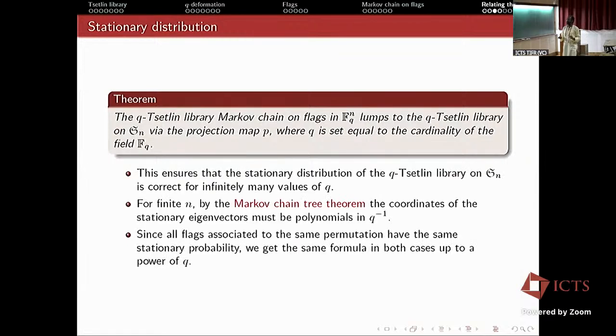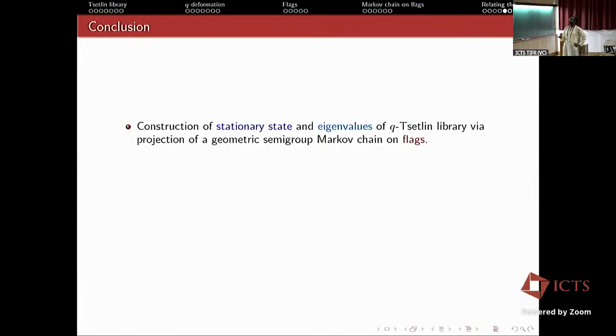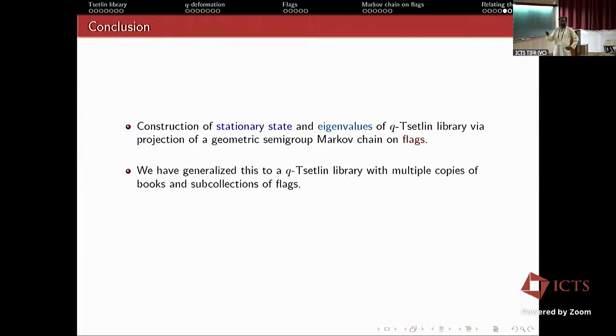Okay, so I'm done. I'll just end with the conclusion. We constructed the stationary state and eigenvalues using this Markov chain on flags. And I'll also mention that without too much more work, we also have a generalization to words.